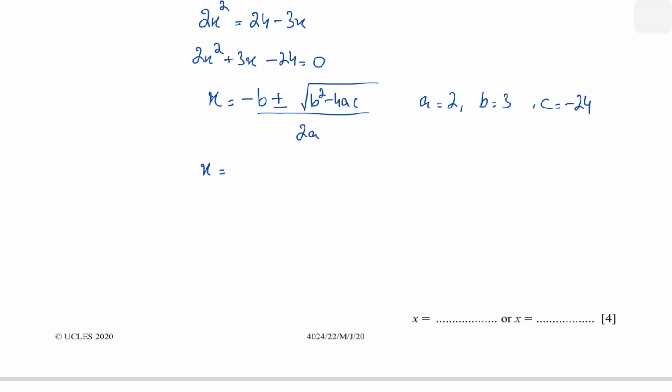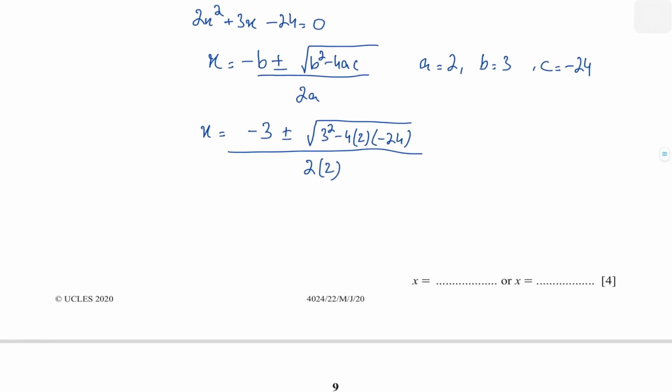By working I mean make sure that you show this, what I'm about to write. So minus 3 plus minus square root of 3 squared minus 4 into 2 into negative 24 upon 2 times 2. Once I've written this, then I'm going to use the feature in my calculator in order to get the final answer.